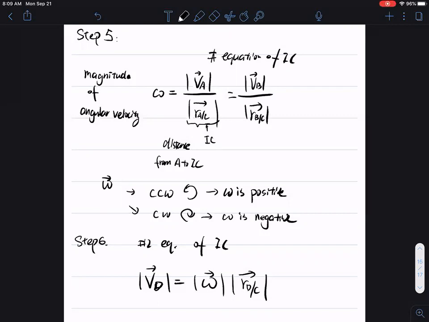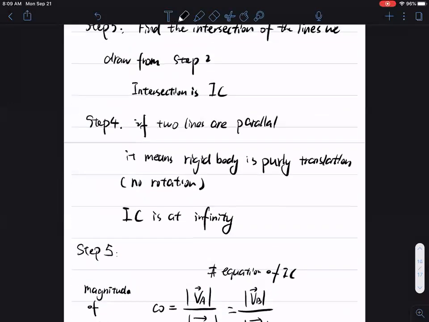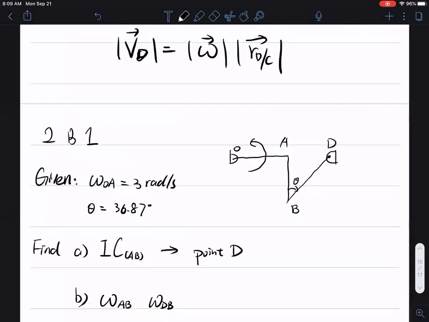So let's first look at, do we know any point on rigid body AB that we know the speed of? Well, we can solve for omega OA. We know omega OA. We don't actually know directly the speed of any point, but we do know omega OA.